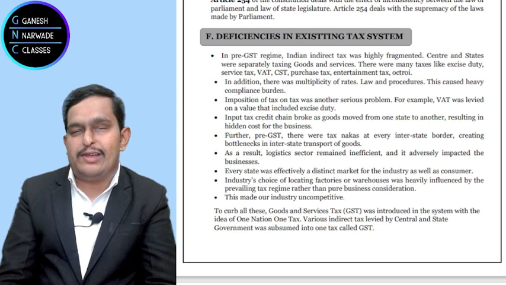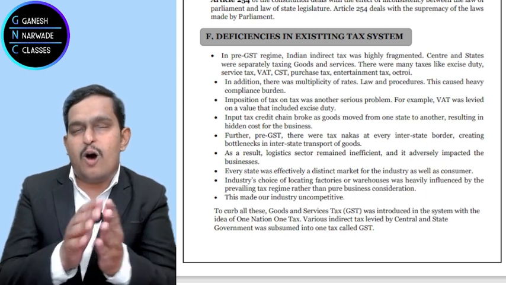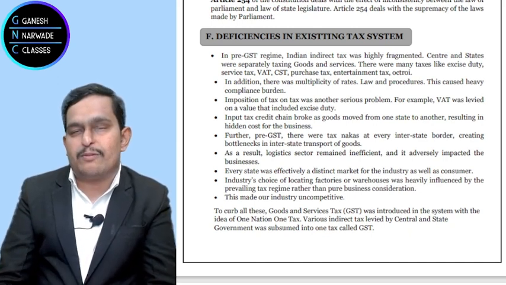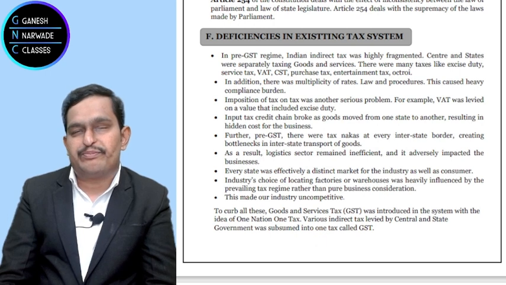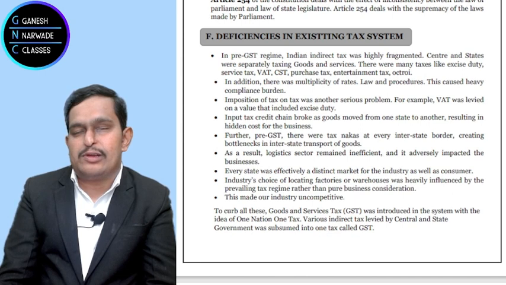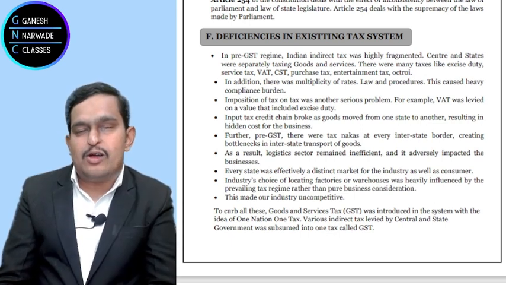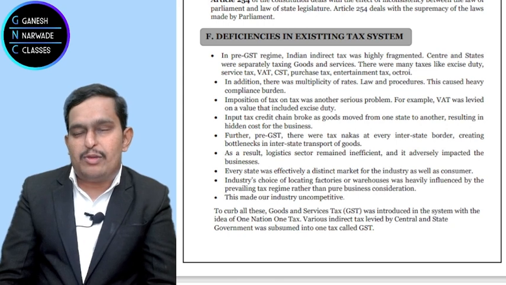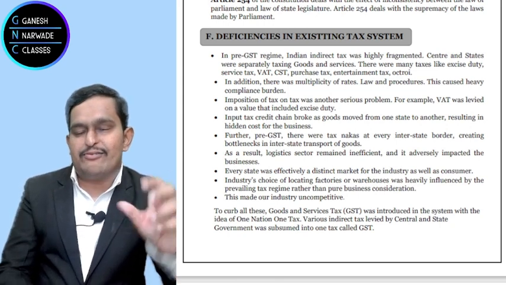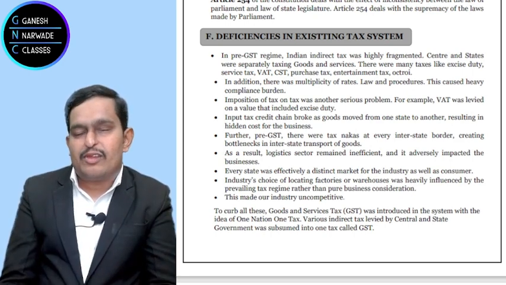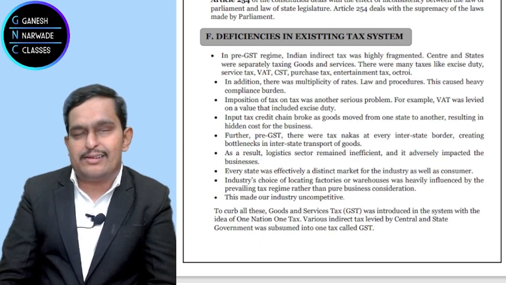People had to pay heavy prices for purchasing goods or taking services, hindering the economic development of the nation. And did we get the credit of excise duty, CST when we paid the VAT? Not at all, right? The input tax credit chain was broken because some taxes were levied by the central government, some by the state government. So this type of problems were faced.